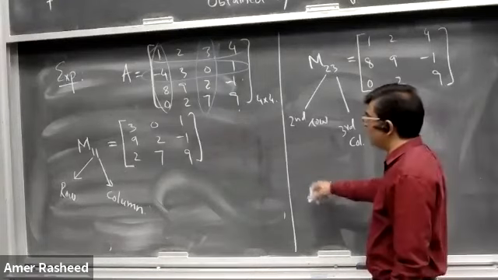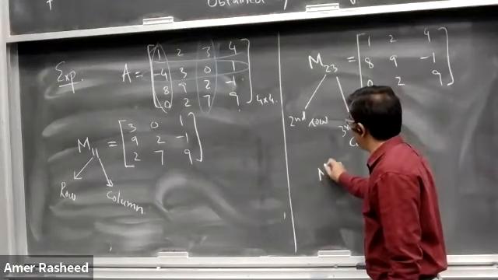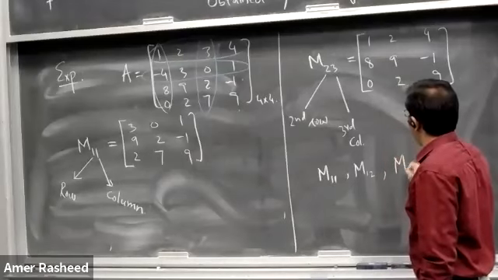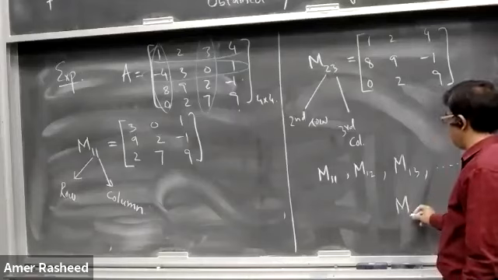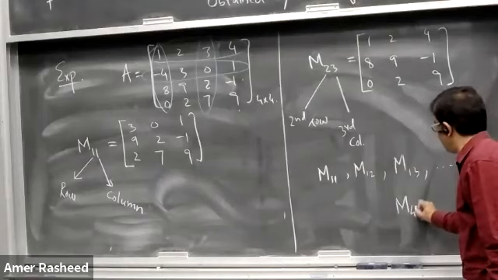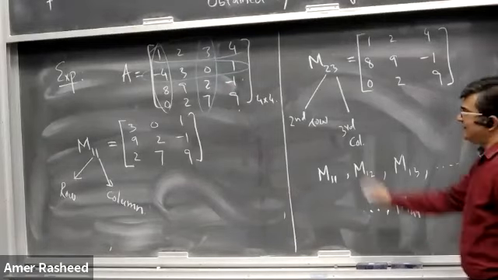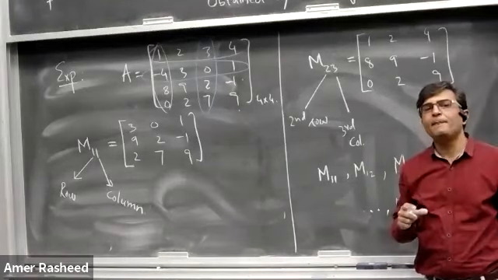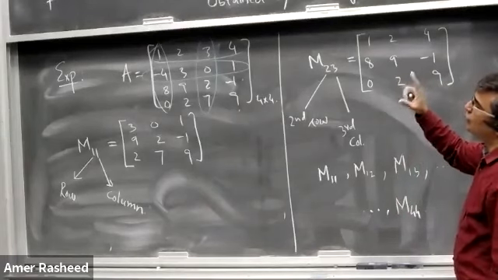Similarly, you can find all the minors M11, M12, M13, and so on, in fact M44, and so on. This is the first basic definition which we need to define in order to discuss that method using cofactor expansion.